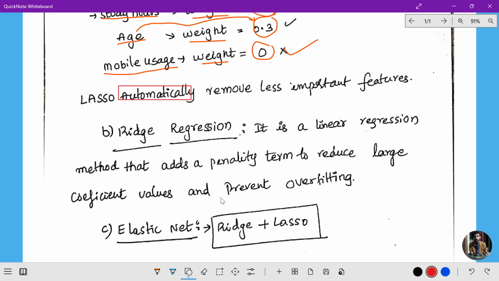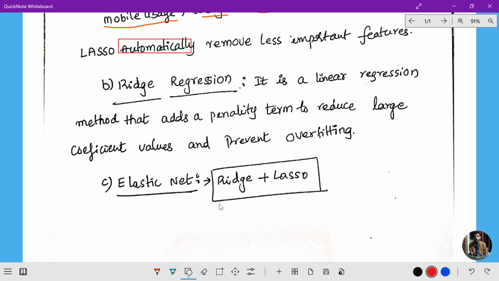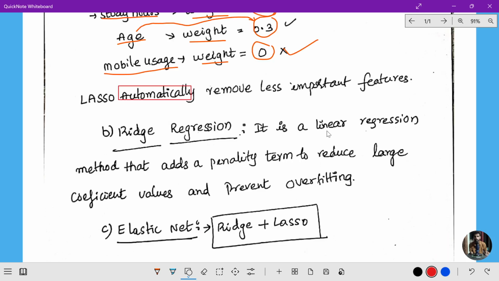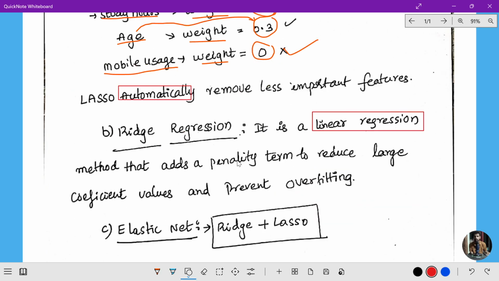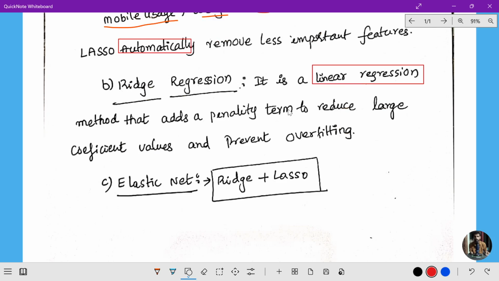In embedded methods, the second one is ridge regression. It is a linear regression method that adds a penalty term to reduce large coefficient values and prevent overfitting. In the previous first one we added weights, but here in ridge we add a penalty term to reduce the coefficient values and prevent overfitting.